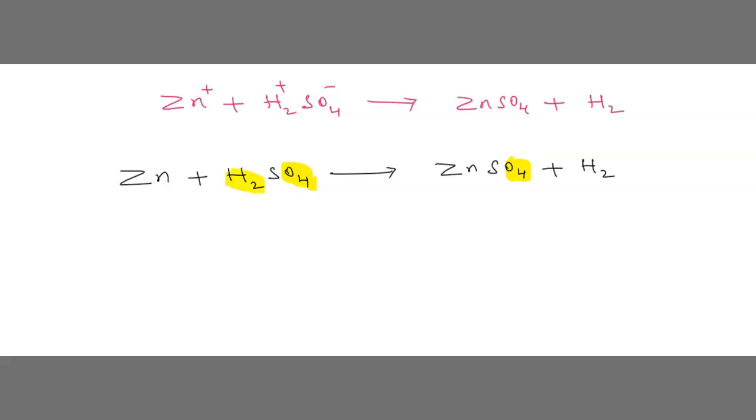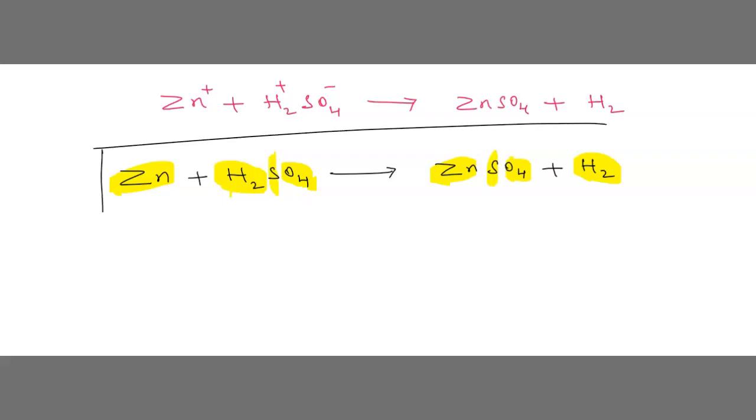Next, H: here H2, here also H2, it is also equal. Zn: here 1, here also 1. Already this equation is in a balanced state. That means we do not need to put any atoms.